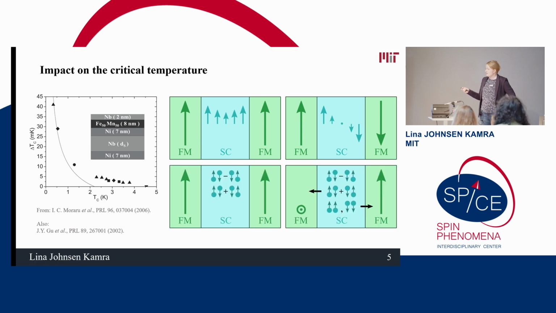Another mechanism, weaker than the first one, is whether we consider a parallel or perpendicular orientation. In the parallel orientation, we have opposite spin triplet Cooper pairs created at the interfaces of both ferromagnets, while if we have them perpendicular, the opposite spin triplets created close to the left ferromagnet will look like equal spin triplets to the second ferromagnet and vice versa, and they will therefore be able to leak out of the superconducting region much more efficiently.